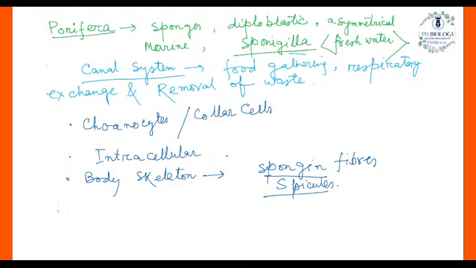The most important examples are Sycon, the Scypha, freshwater sponge Spongilla, and Euspongia. It is also called bath sponge.